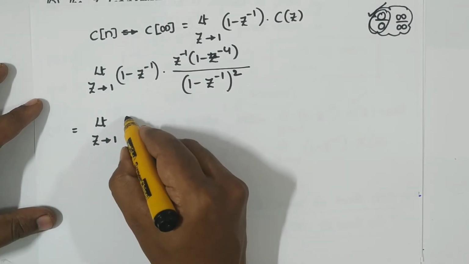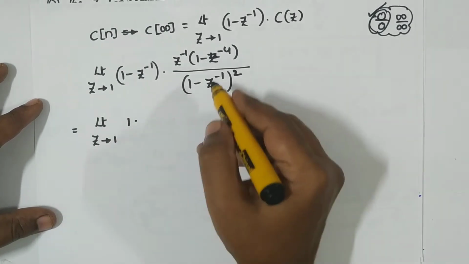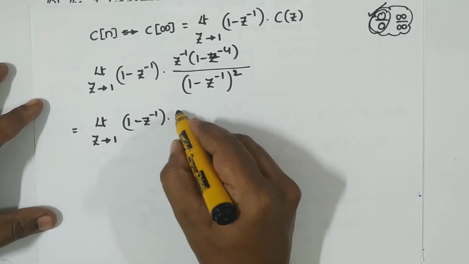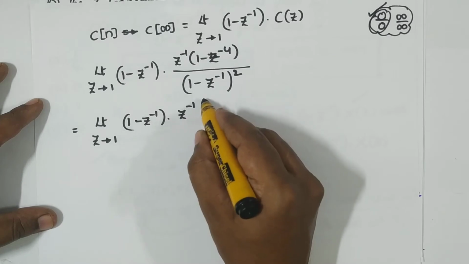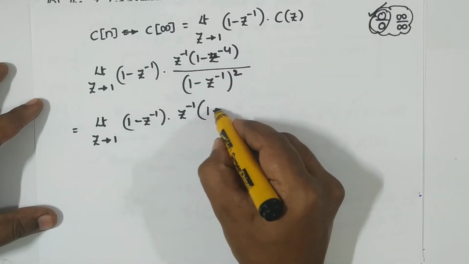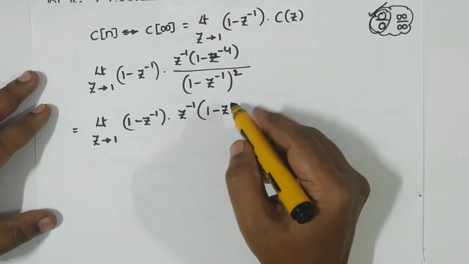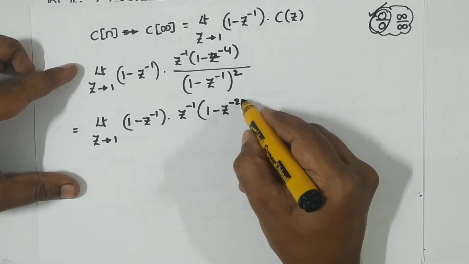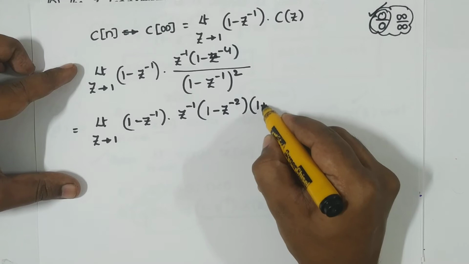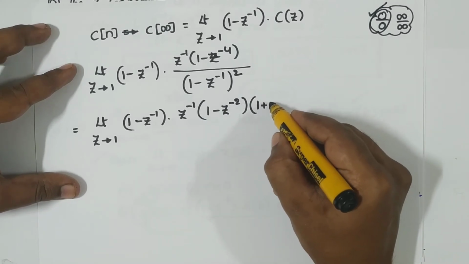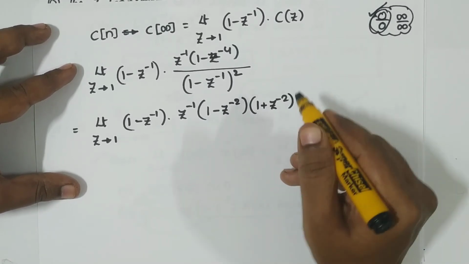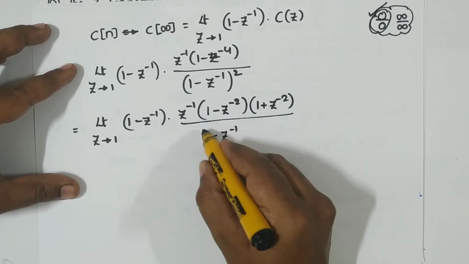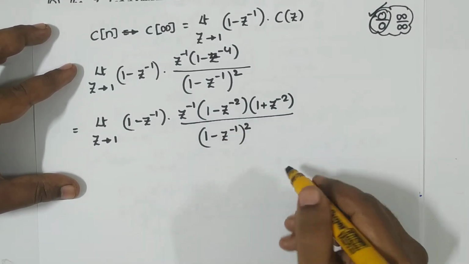Limit z tends to 1. Let me make it this way: (1 - z^-1), this is z^-1. Now this factor we can write like this: 1 - z^-4 can be written as (1 - z^-2) multiplied by (1 + z^-2), divided by (1 - z^-1) whole square.